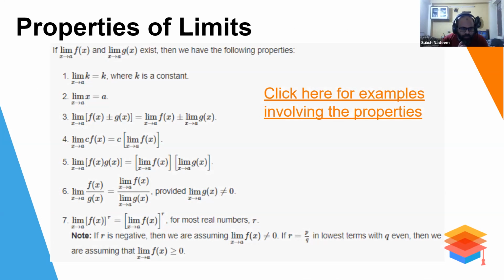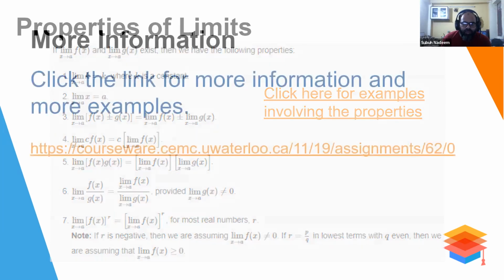Which properties do you have to do? This one, this one, this one, this one, this one, this one, and this one. R is again assuming limit x tending to a, f(x) not equal to 0. R is negative. Okay, fine. So we first discussed till here.